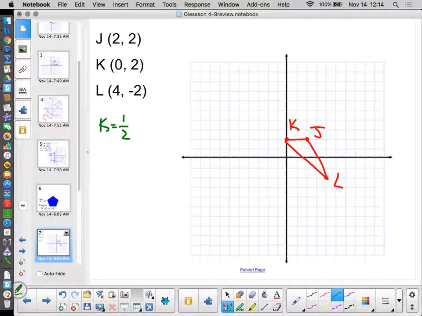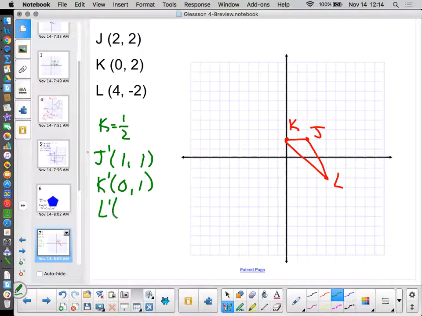Every single coordinate gets multiplied by 1/2, right? So J prime's at 1, 1. K primed is at 0, 1. L primed is at what? 2, negative 1. I can graph that. J primed, K primed, and L primed. And sure enough, I get a reduction of my original.